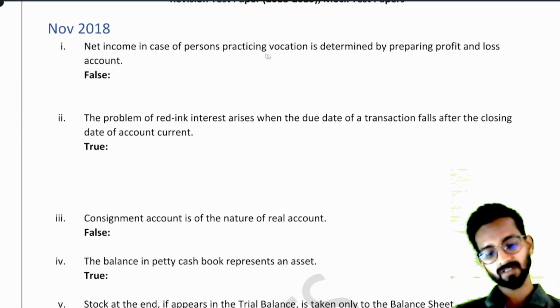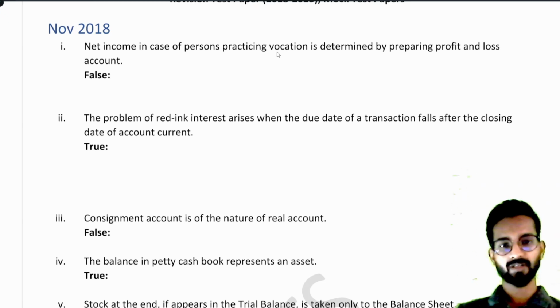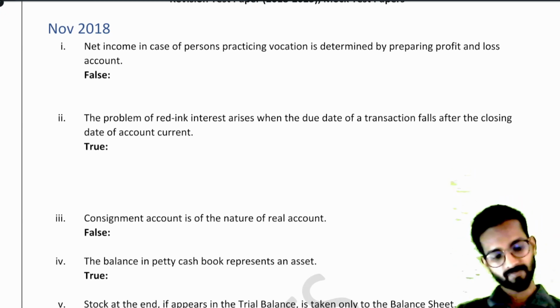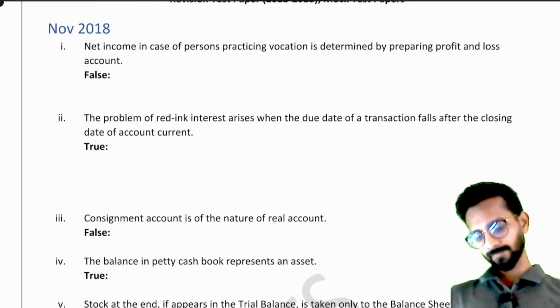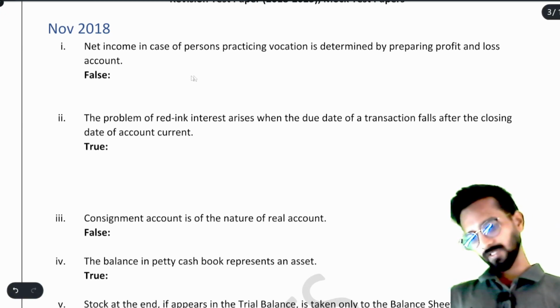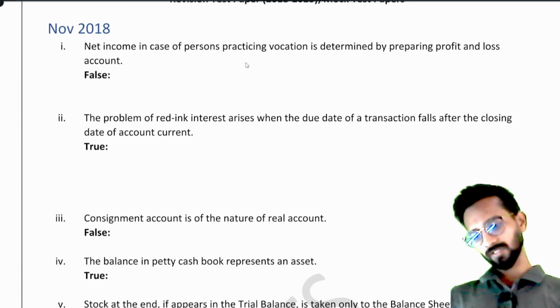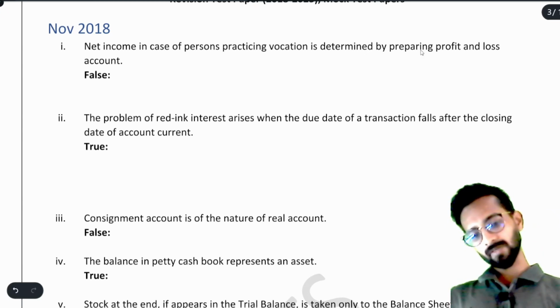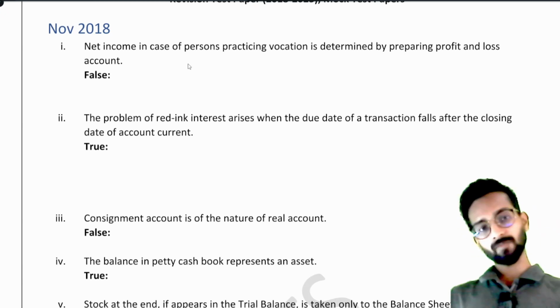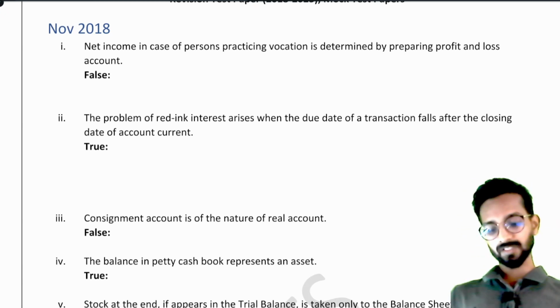It means the person who are in service industry, okay, who are employed somewhere. So we know that vocation is service. The person who is employed, for him you do not prepare profit and loss account. For him you always prepare income and expenditure account.